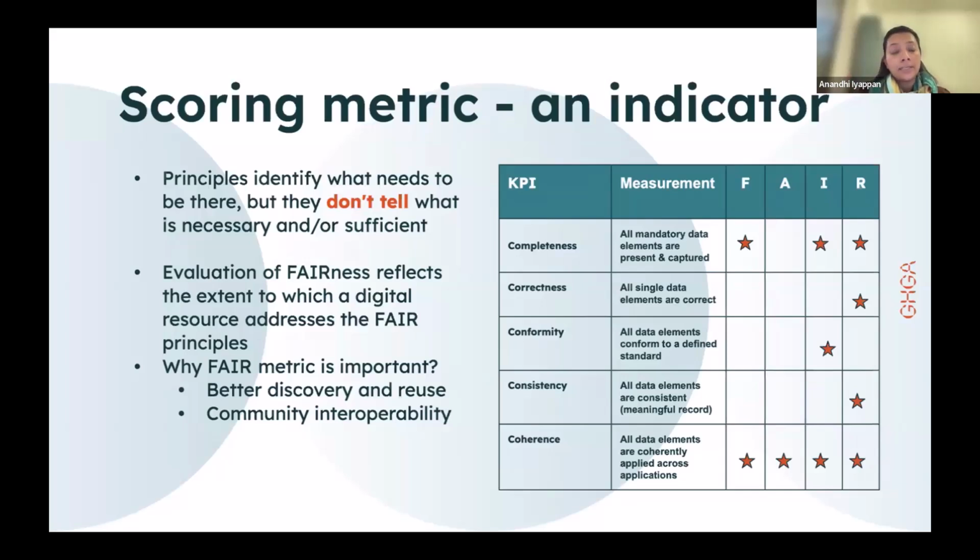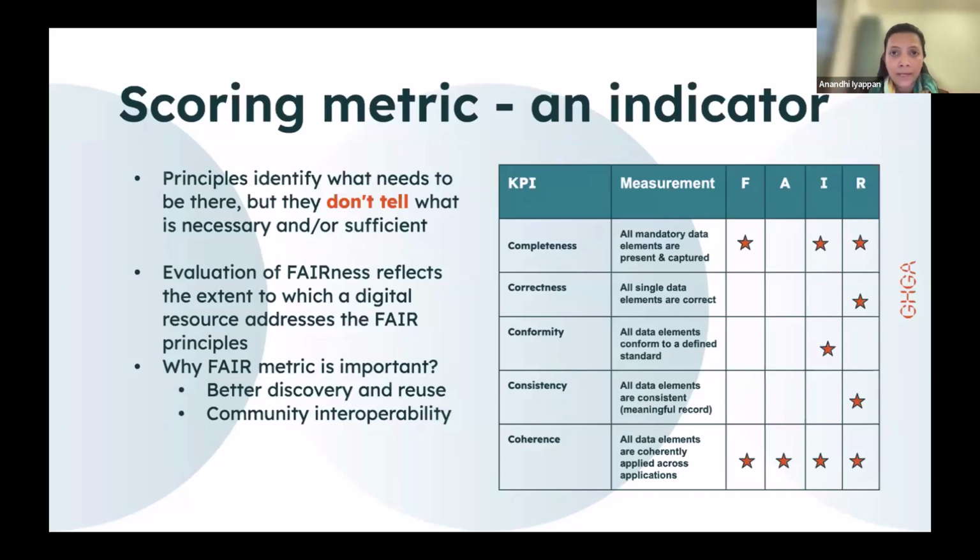Ensuring that the information that is being filled in the entire data sheet is consistent. You're not writing male in one place, M in a different place. And also ensuring that all the information that is being submitted is coherent across all the fields as well. So these are some smaller measures one can take to ensure that the data is properly standardized.